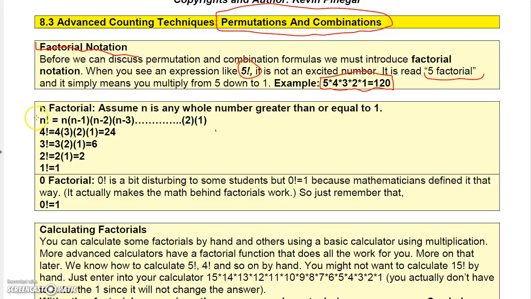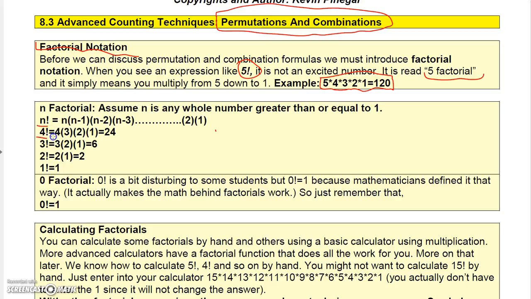Now, the definition of n factorial. Some students have trouble understanding this notation. Let's start here and I'll show you. 4 factorial we know is 4 times 3 times 2 times 1. Well, here n is 4. So notice what I'm doing.